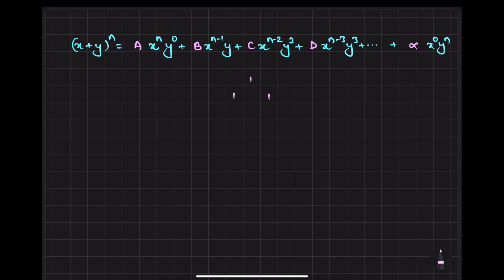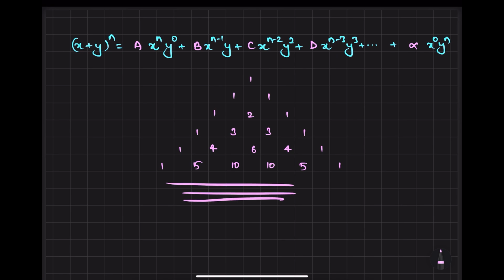It is 1; 1 1; 1 2 1; 1 3 3 1; 1 4 6 4 1; 1 5 10 10 5 1. It will keep on going, and you know that if the power is n, we will take help of the (n+1)th row. We will not do this kind of labor till n+1 rows.